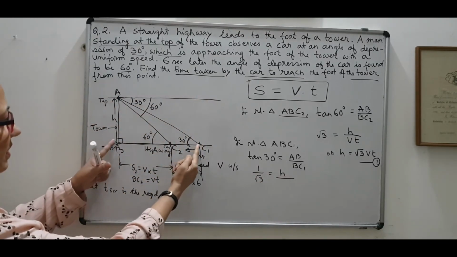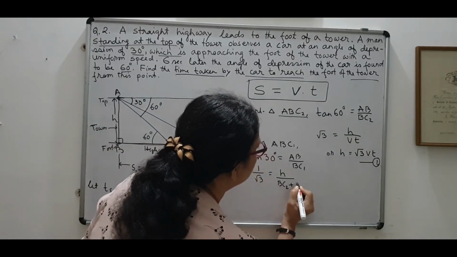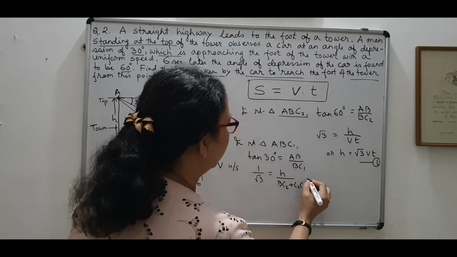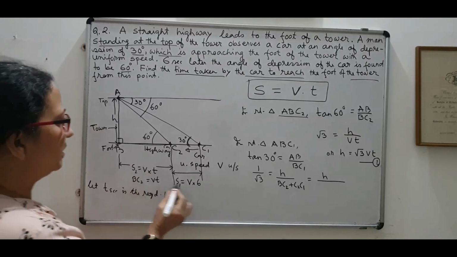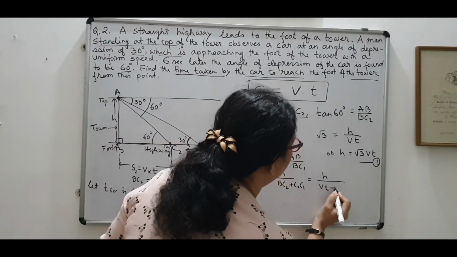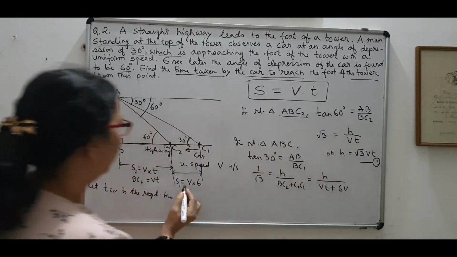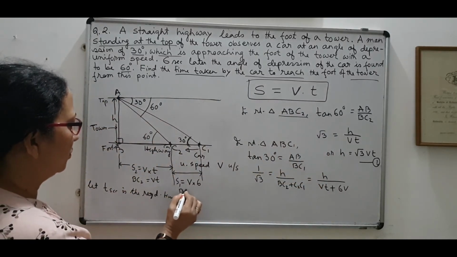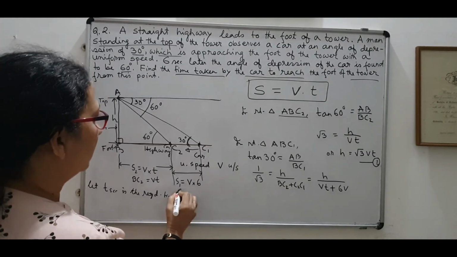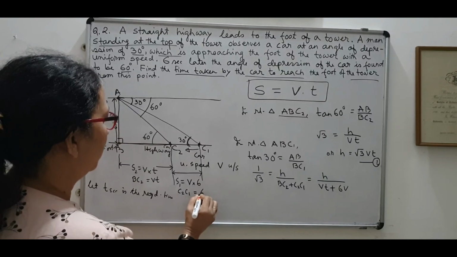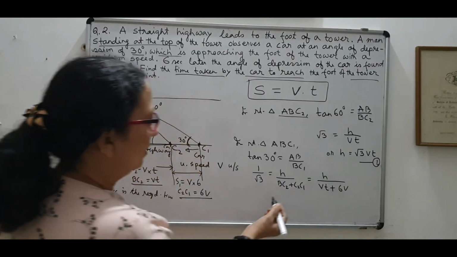Now you see, this BC1 is equal to BC2 plus C2C1. BC2 is vt, and C2C1 is 6v. The sum of these two I have written here.